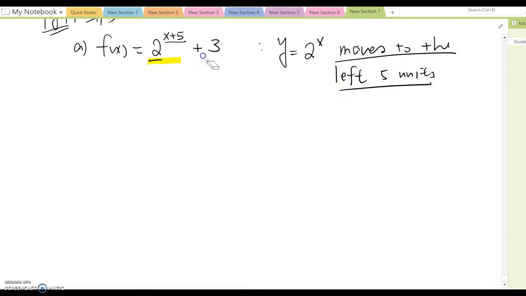Now I'm just going to temporarily hide this one, so we don't have it. Then we can conjecture this case, 2^x + 3, which means y = 2^x moves up 3 units, right?